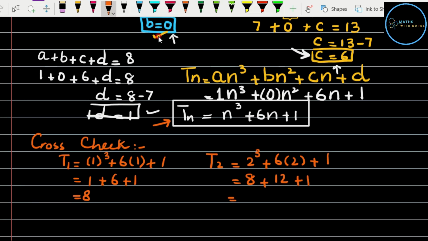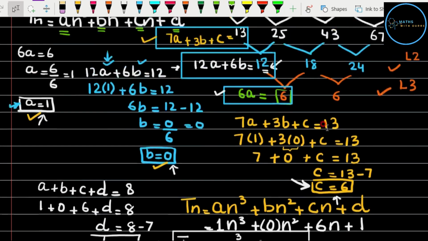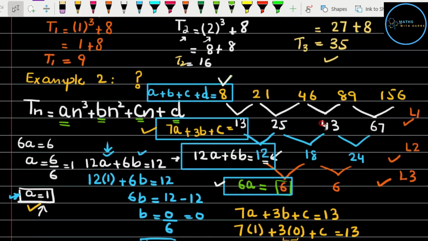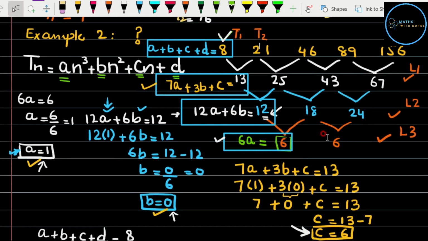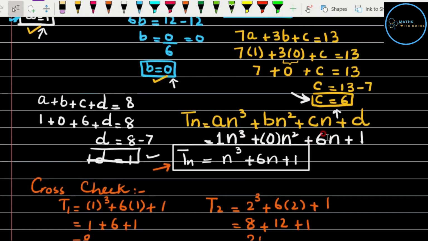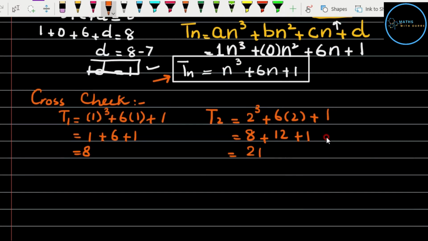So 8 + 13 is giving us what? 21. So we will move back and cross check. Yes, the first term is 8, the second term is 21. So this is how we can easily calculate the nth term of a cubic sequence.